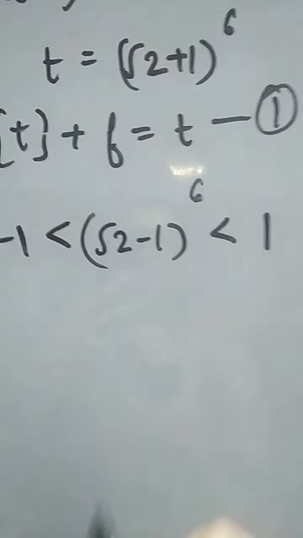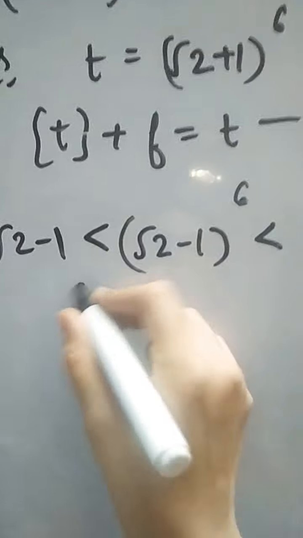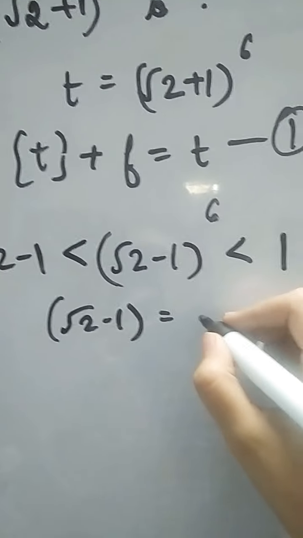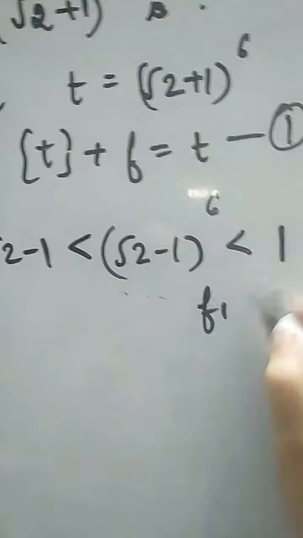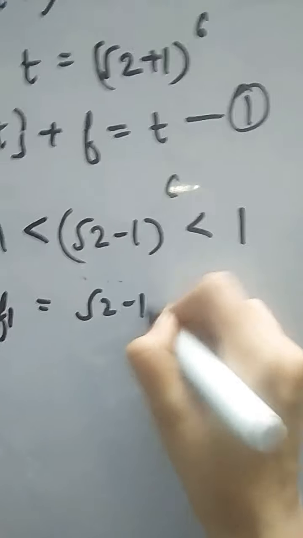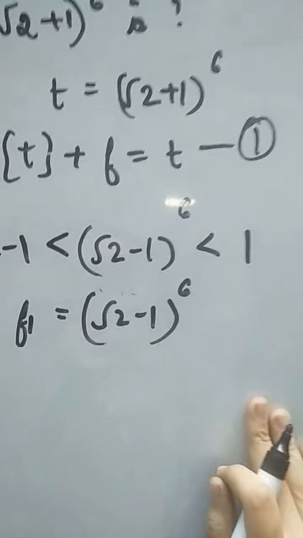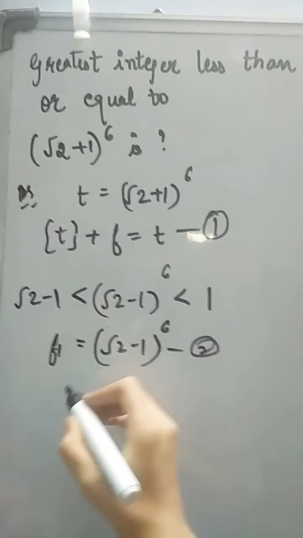Okay, so let us assume that (root 2 minus 1) raised to the power 6 is equal to our f1. We are having two equations here, and let us add them.